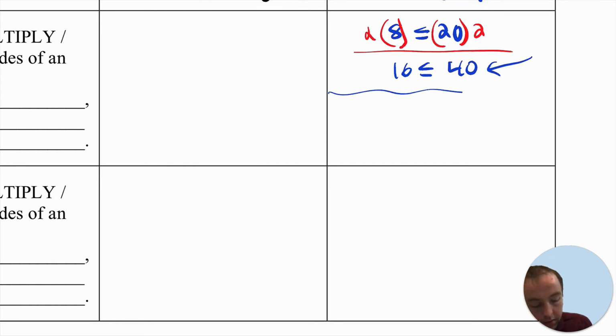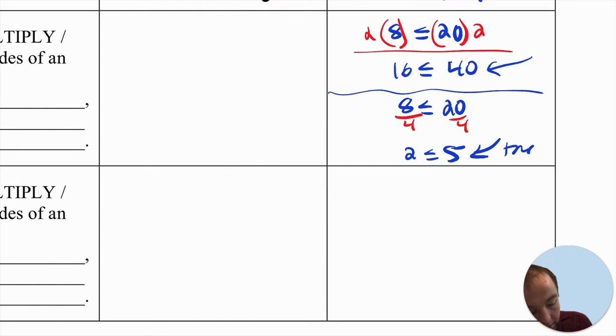The same thing would be true if you were to divide. If you divided both sides by 4, then your resulting inequality would be 2 is less than or equal to 5, and that is also true. So when you multiply both sides or divide both sides, you end up with true statements. But that doesn't always hold when you do things like the following.